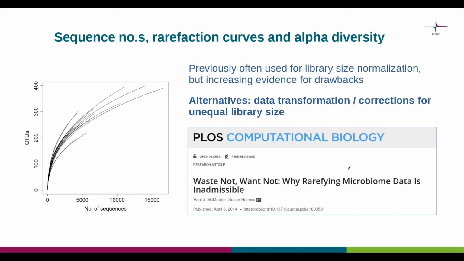And the paper is called Waste Not, Want Not: Why Rarefying Microbiome Data Is Inadmissible. Chipster also offers alternatives for rarefying to even depth. These include particular ways to transform data and internal corrections for unequal library sizes used by the DESeq2 package.